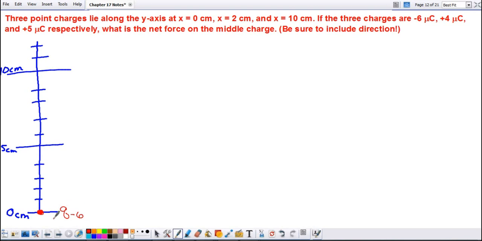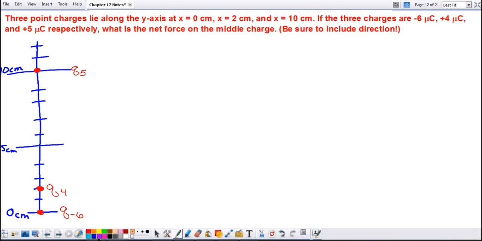So I've got Q negative 6, and the second one is at 2 centimeters, and it has a charge of a positive 4 microcoulombs. I'm going to call this Q4. And then the last charge is at 10 centimeters, and it has a charge of 5 microcoulombs. So we'll call it Q5.